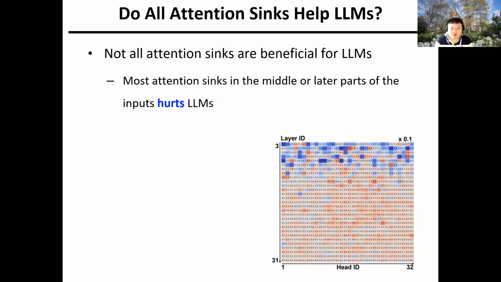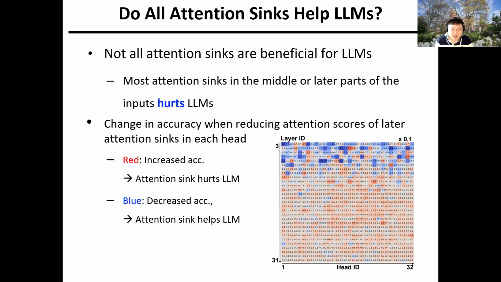Specifically, as shown in the figure below, we remove the later attention sink token attention value and redistribute it to other tokens in each attention head across each layer in a large language model, and show the evaluation score change before and after we do this modification to each head at each layer.